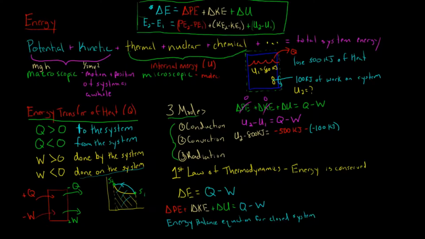If we solve for U2, we're going to get U2 is equal to 800 minus 500 plus 100. And this is going to be equal to U2 is equal to 400 kilojoules. So 400 kilojoules is the final amount of internal energy.